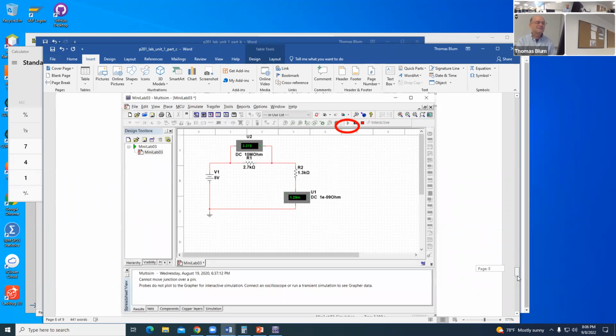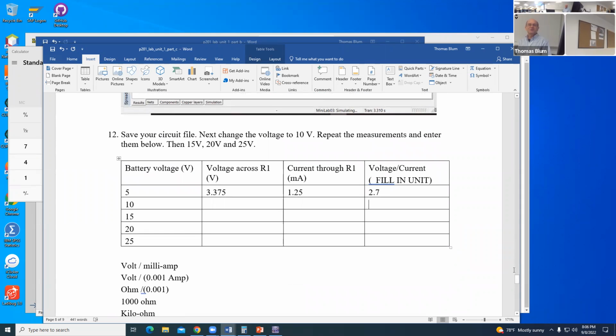That's what makes sense in the world. So the voltage changed and the current changed, but the voltage over the current, the resistance, should not change. Therefore this thing is ohmic, and a simple resistor is ohmic. Depending on how many decimal places you keep, it might be 2.6999999, and you've rounded up, but don't tell me it changed.